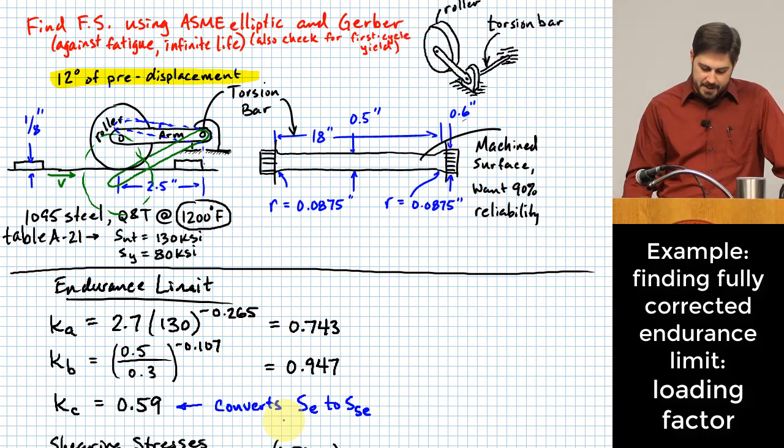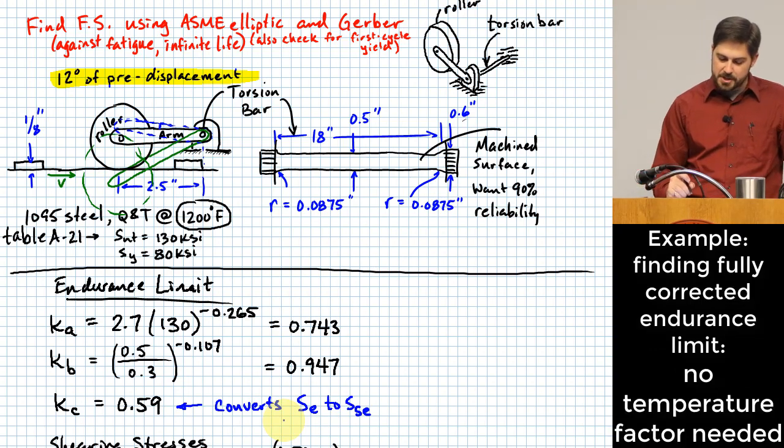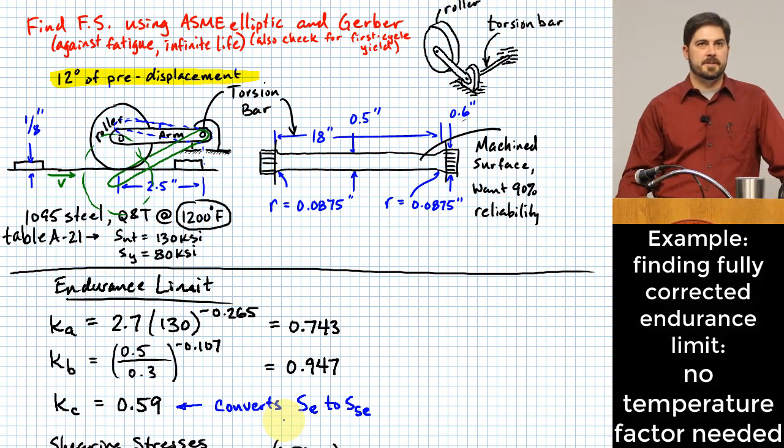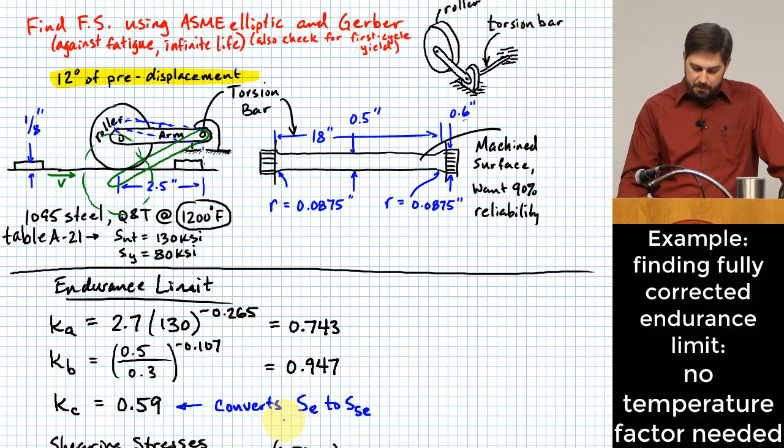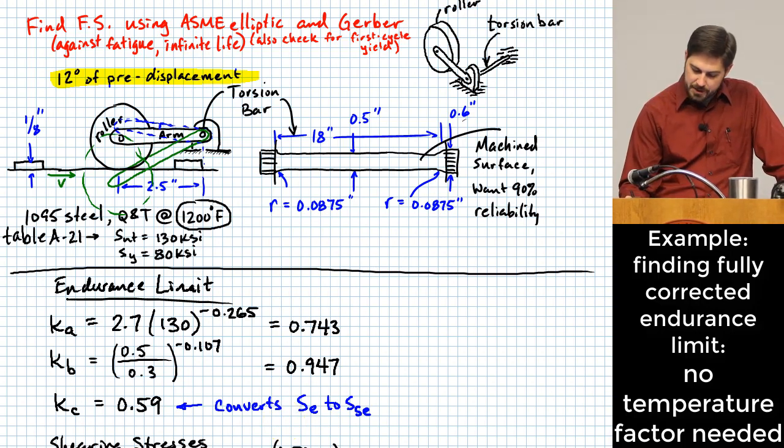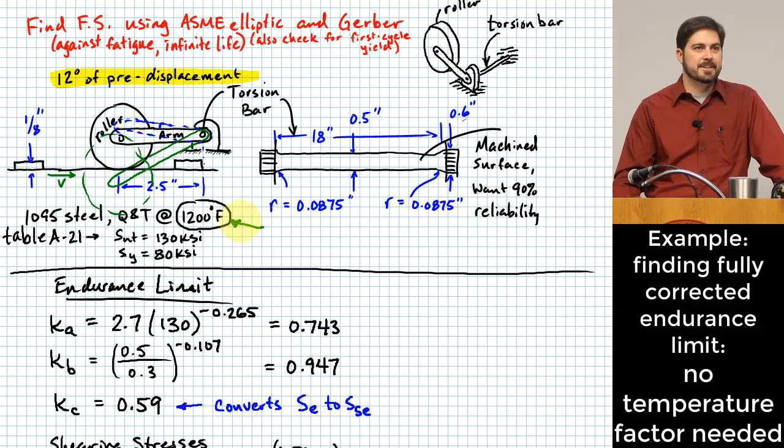All right, what's next? K sub D. Are we given any information here that this is at elevated temperatures? Don't let yourself be tricked. I've had many students over the years look at information given about a particular type of material. If you see quenched and tempered at 1200 degrees Fahrenheit, that is not information about how it is operating.